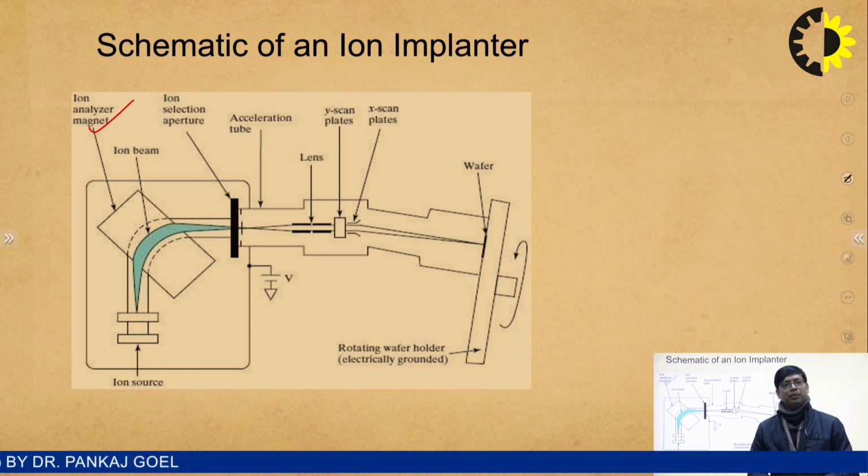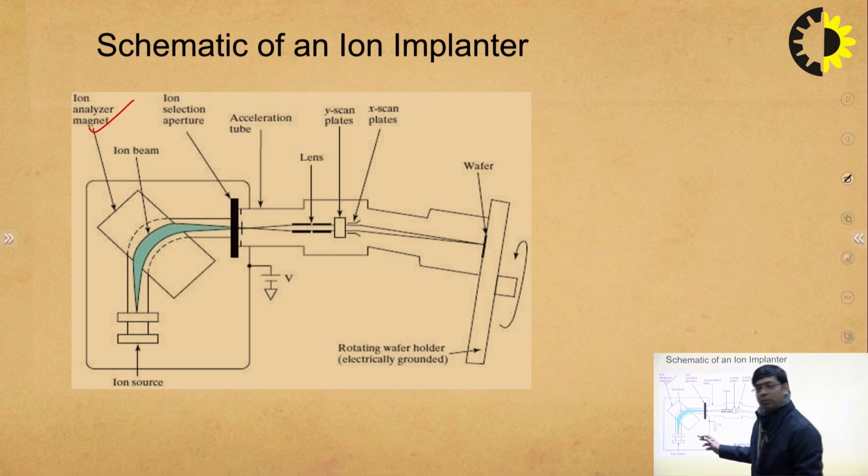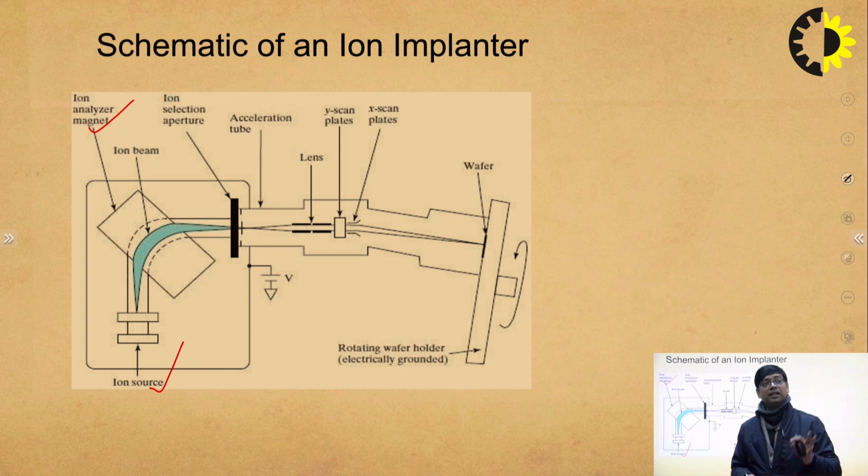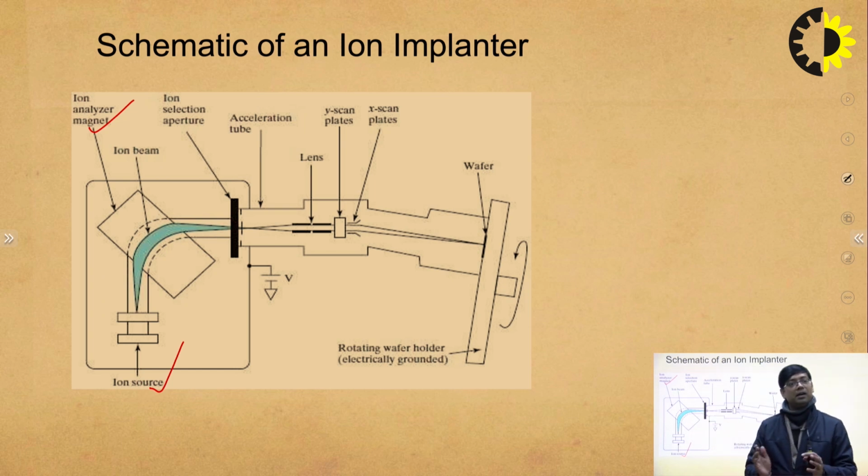There may be undesired impurities because of the various components and the chamber material, because when we are generating the dopant ions from this ion source, at the same time, due to ejection of impurities from the components and the chamber, undesired impurities also get added into the desired dopants. So the purpose of magnet analyzer is to pass only the desired impurities, desired dopants, and stop the undesired impurities.